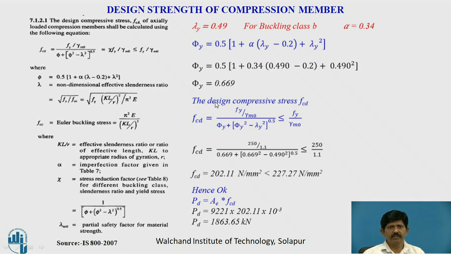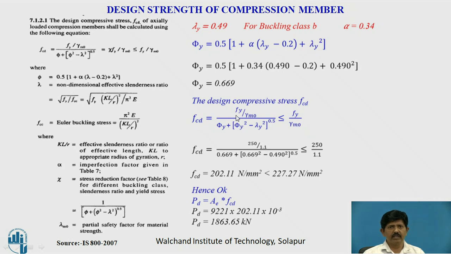Now to find the design compressive stress, that formula is mentioned in the same clause, 7.1.2.1. So Fcd equals Fy upon gamma m0 divided by [phi y plus (phi y squared minus lambda y squared) raised to 0.5], and this should be less than Fy upon gamma m0.